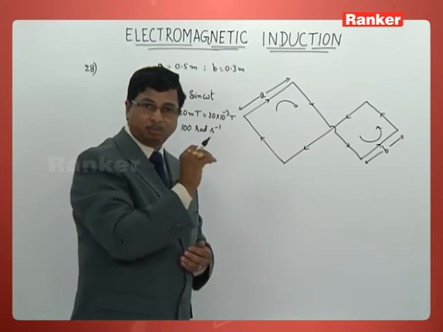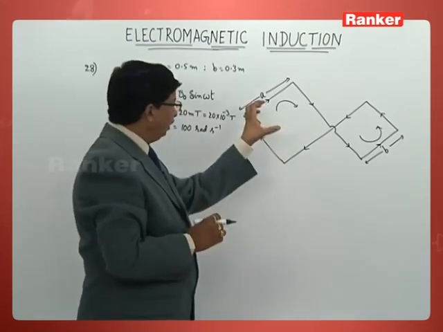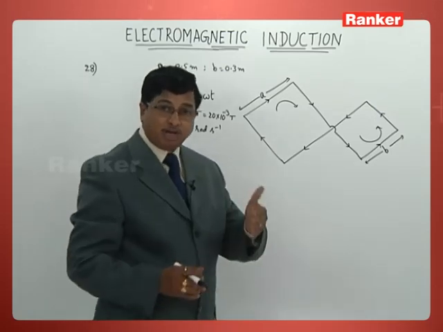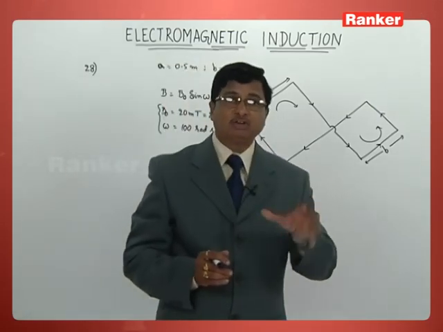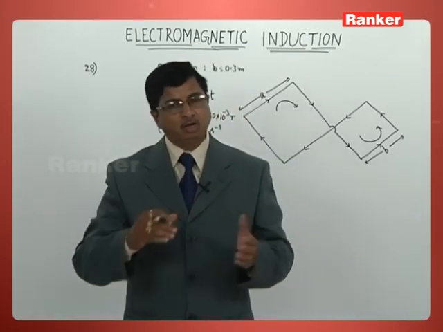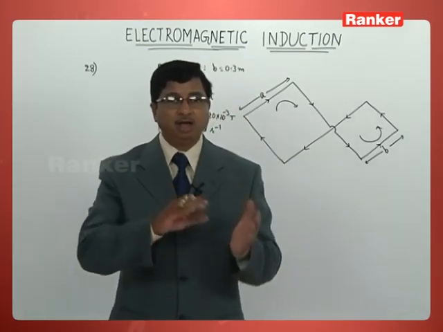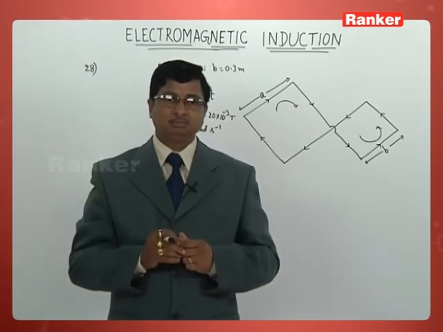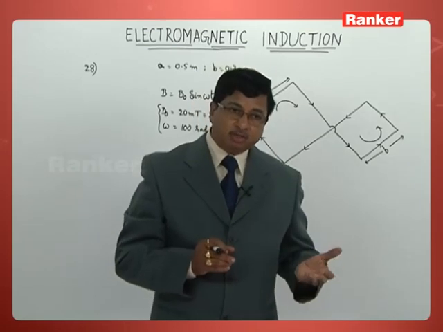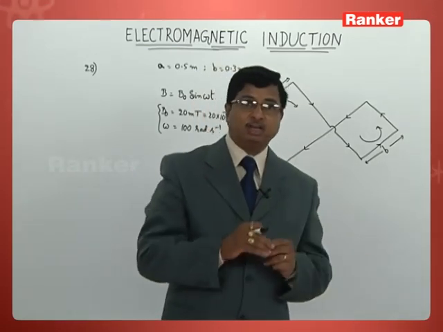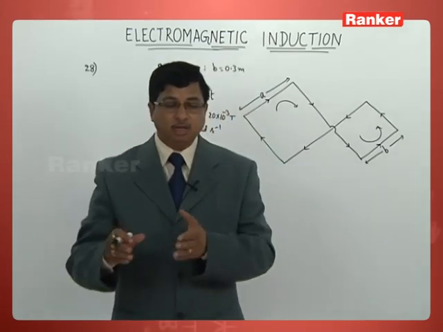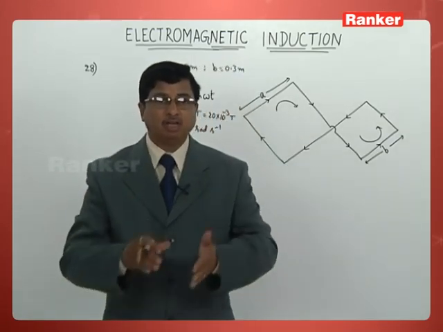Look at this particular point carefully. He has arranged the system in such a way that if current in the first loop is clockwise, current in the second loop automatically will be in anti-clockwise direction. For example, if in the first loop the current is in anti-clockwise direction, then automatically in the second loop, the current will be in clockwise direction.